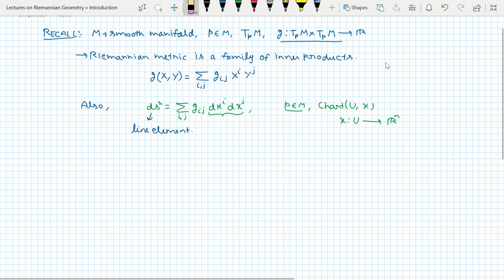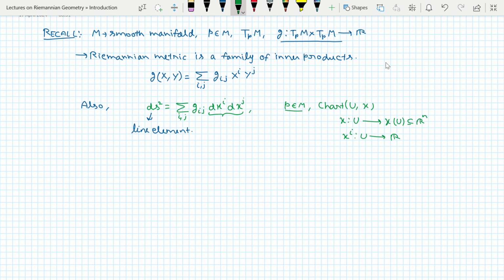I should actually write x of u contained in Rn. So this is your chart map or coordinate map. Corresponding to this coordinate map, you have the component functions xi, which go from u to R.